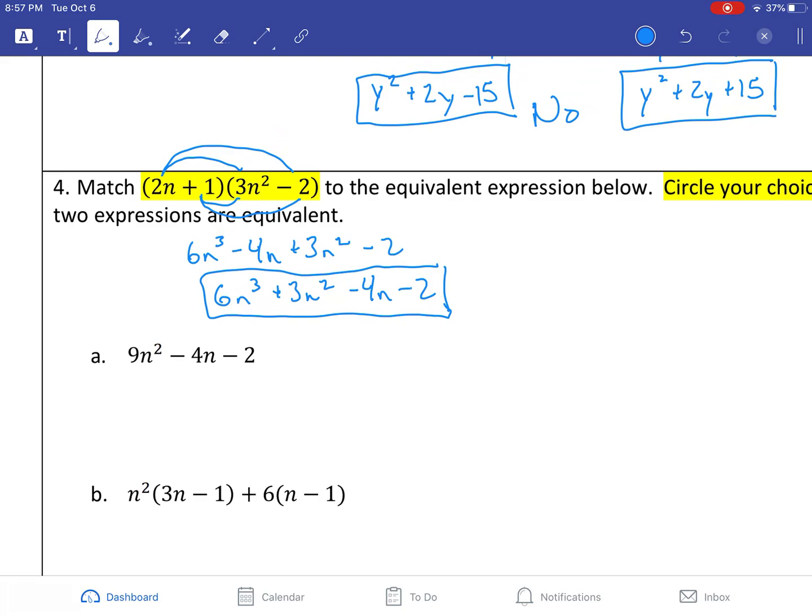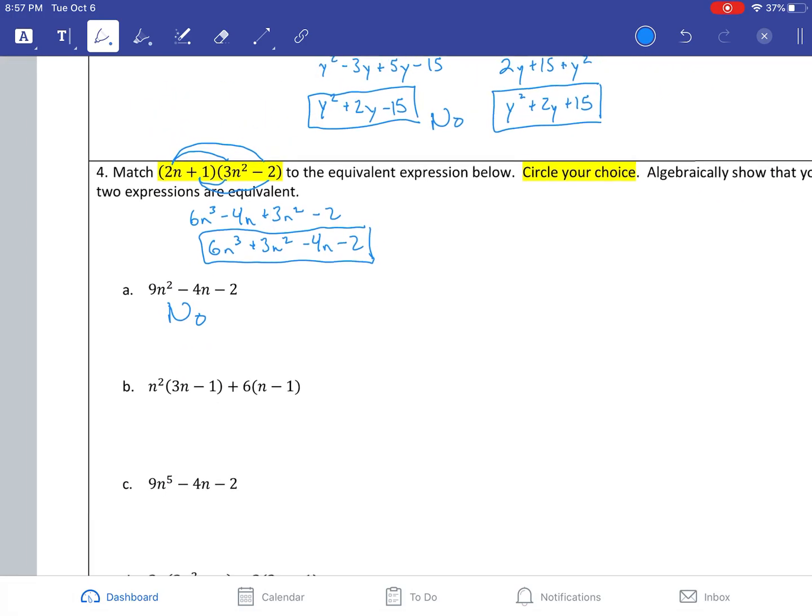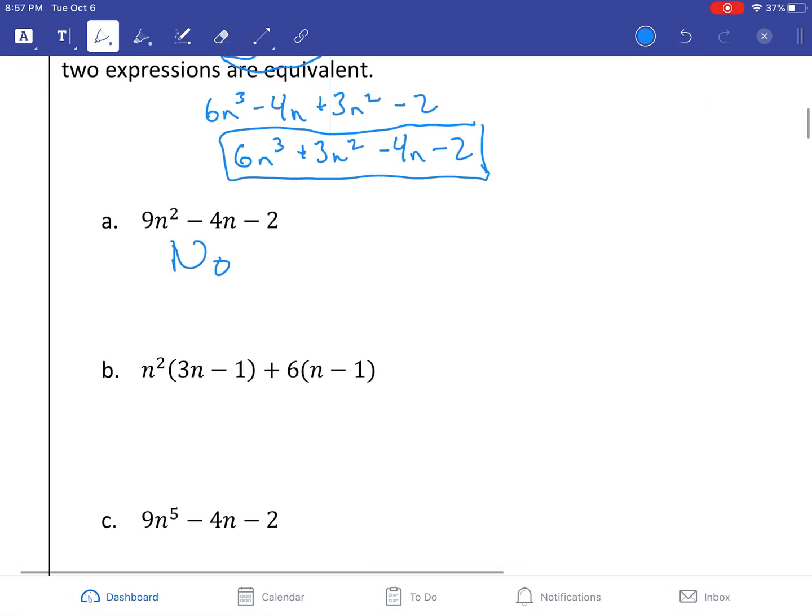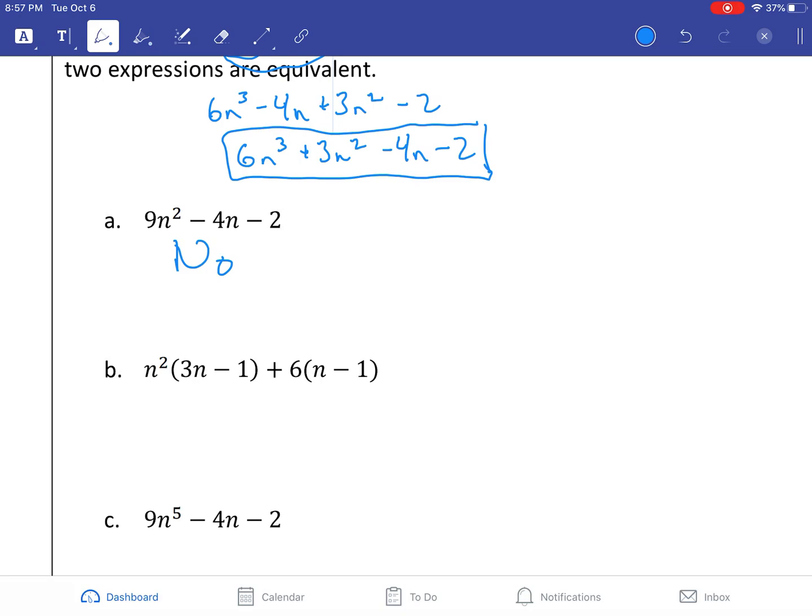Right away we can see that A does not even come close, so this is a no. The next one, we have to actually do some math with it. You're going to multiply n squared times those two terms inside the parentheses. So you have 3n to the third minus n squared plus 6n minus 6.